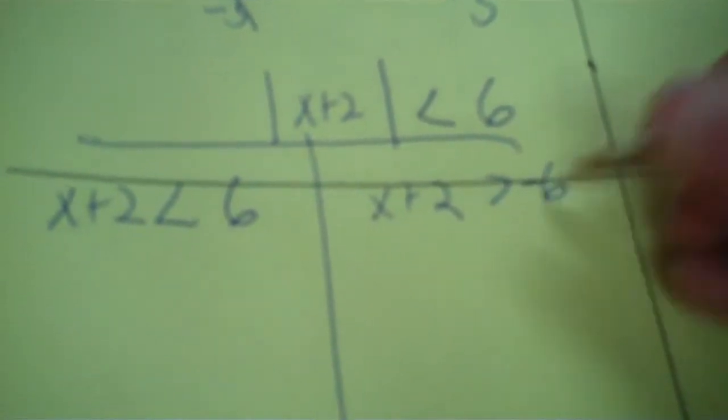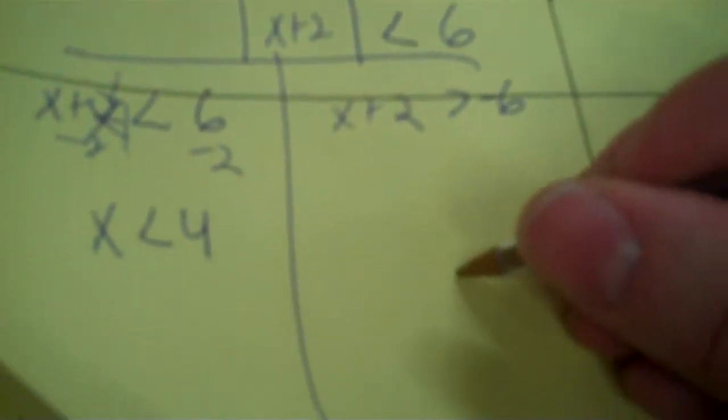Remember, if you have operations outside the absolute value and you got it greater than or less than, when the multiplier is negative, you still got to remember that sign flip rule. Now I'm good to go. Less than 6, greater than -6. So -2, that's 4. I don't have to worry about the sign flipping anymore because I don't have a multiplier. Same here. Okay.